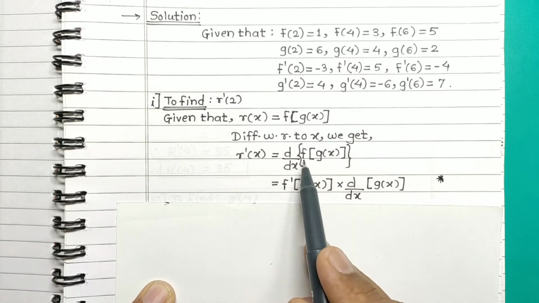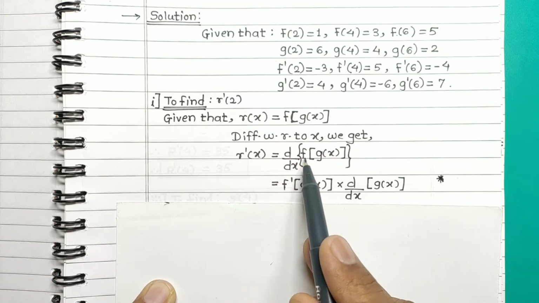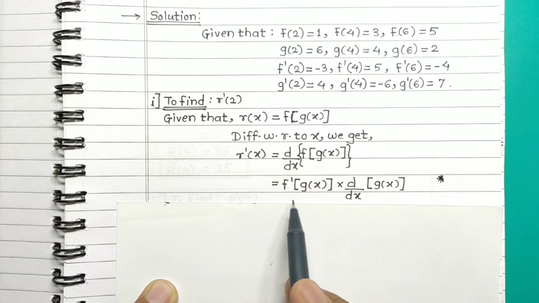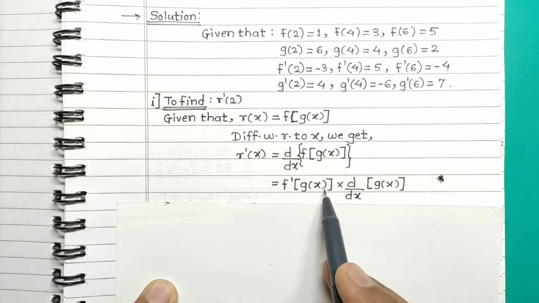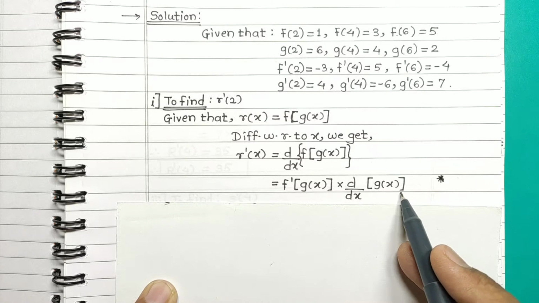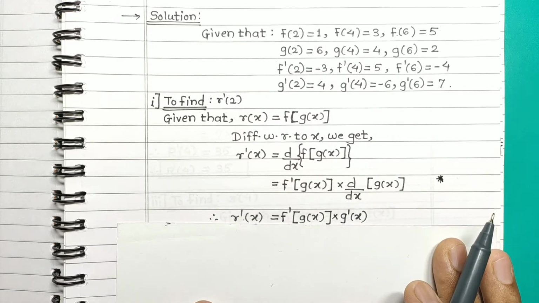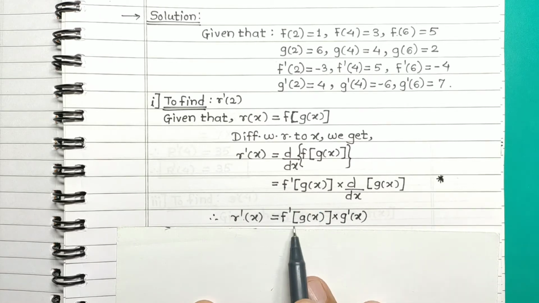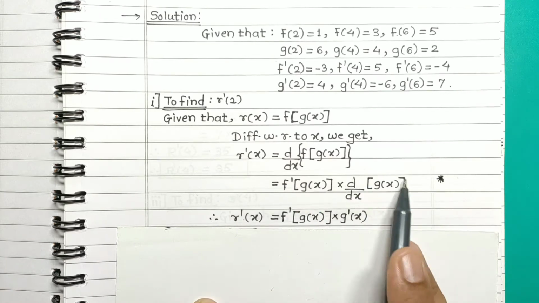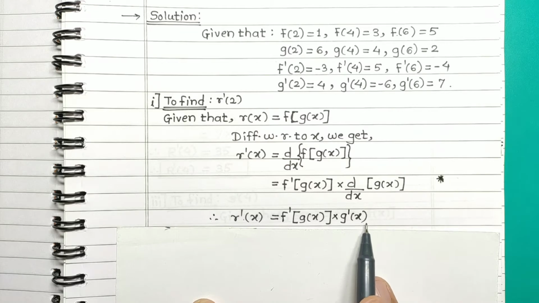Here we have used the chain rule to find the derivative of this function. Again, we have treated it as f of something. So its derivative is f dash of something into the derivative of something, which is g of x. Then in the next step you write down the first term as it is into the derivative of g of x, which is g dash of x.